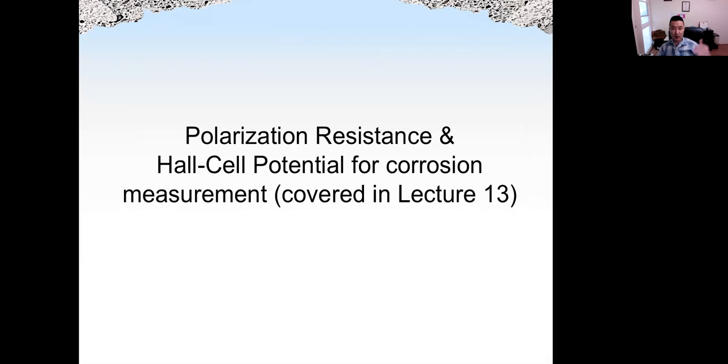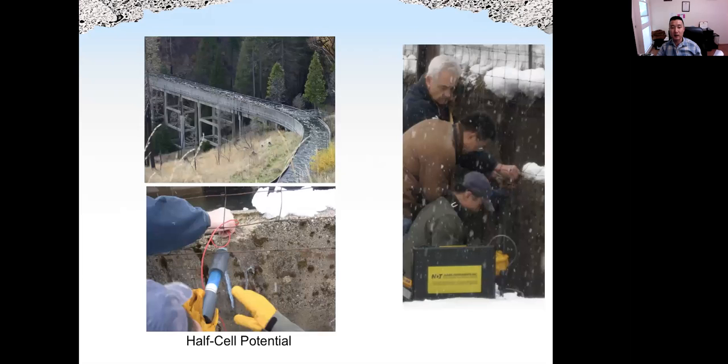Because these two methods belong to non-destructive testing, I just list them here, but we do not repeat them. This is the half-cell potential method I used to measure the corrosion of this structure called Tiger Creek. It's part of a historical canal in Northern California.